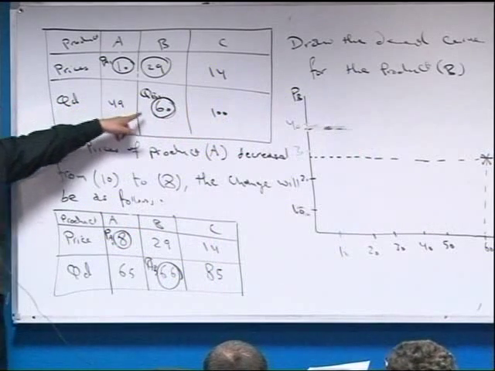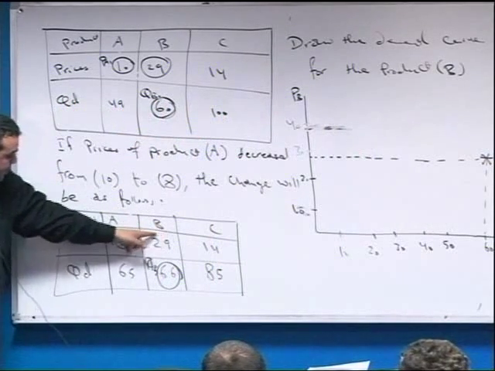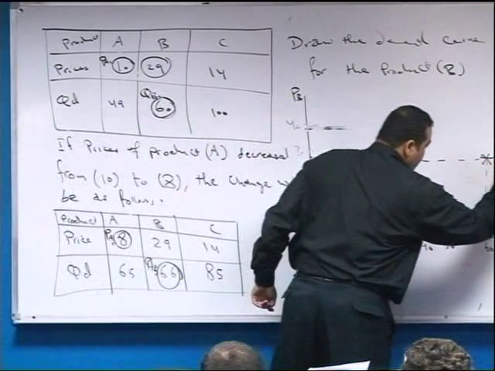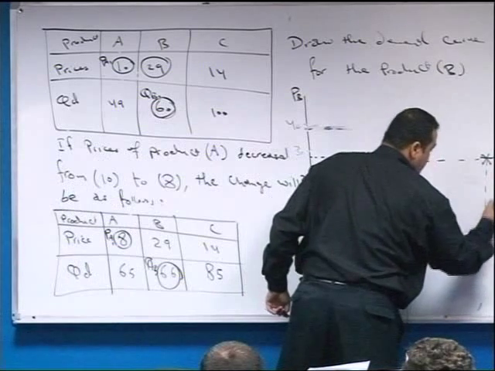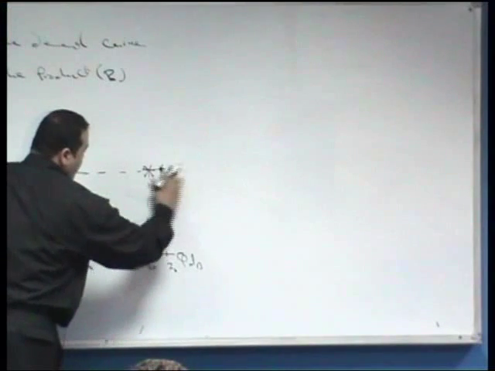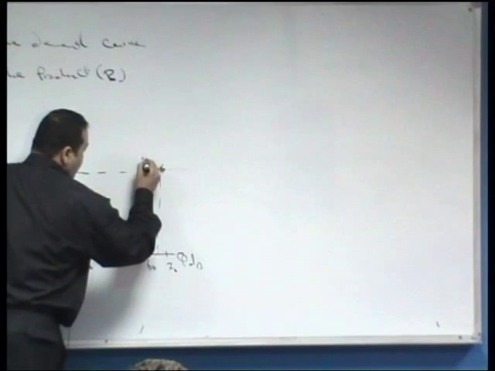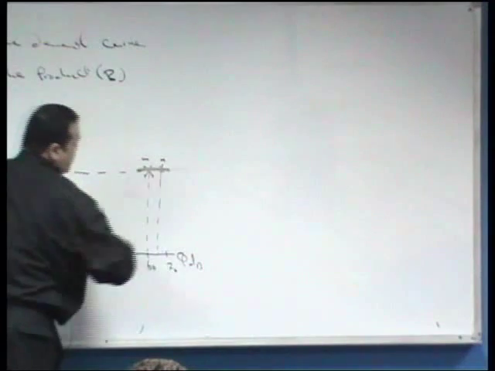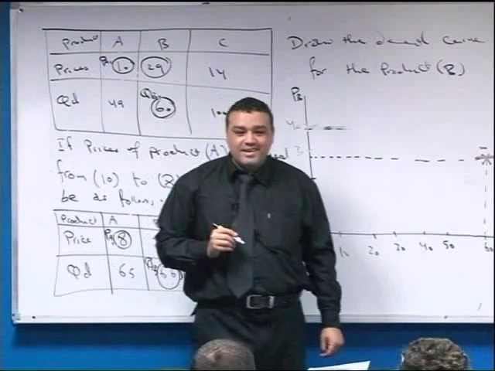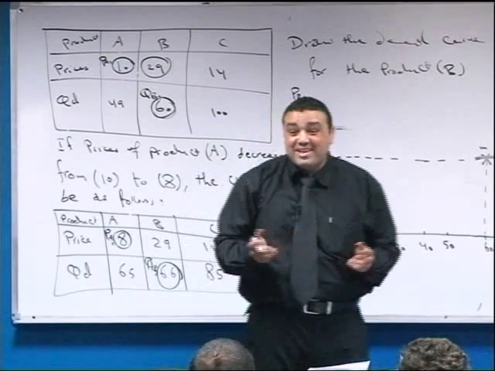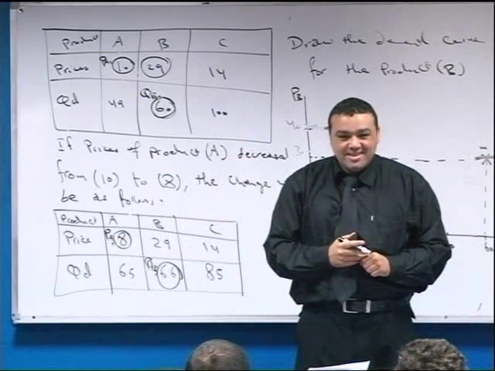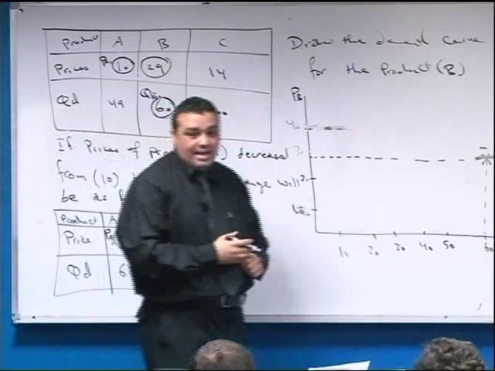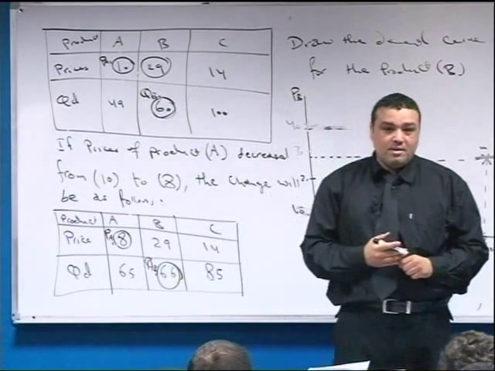The second one, the price is 29, quantity 66. If we connect these two points, M and N, this is the demand curve for the product B. It's what? Perfectly elastic, right? So in this case, the demand curve for the product B is perfectly elastic. Okay.